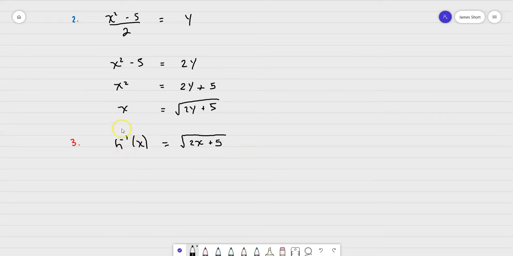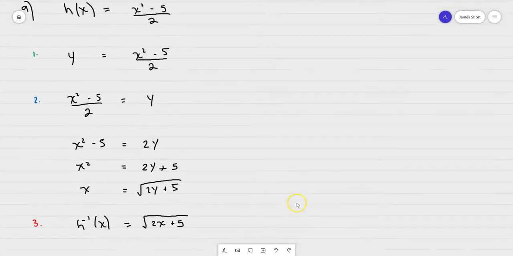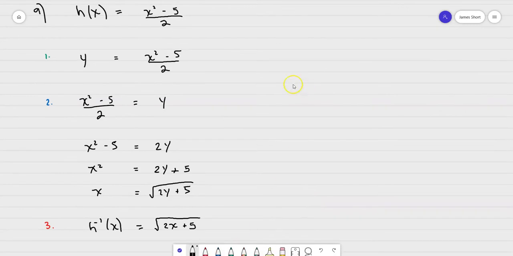So we found an expression for the inverse of the function, but now let's calculate the domain. So I'll put the domain of the inverse h of x. The first thing, we've got two things to bear in mind when we calculate the domain: square roots and fractions.